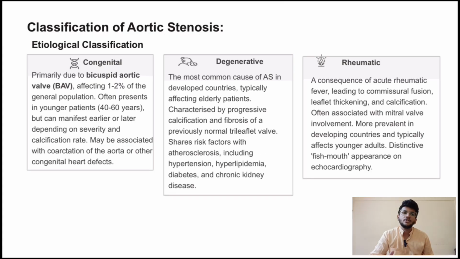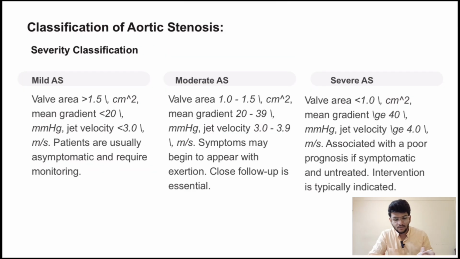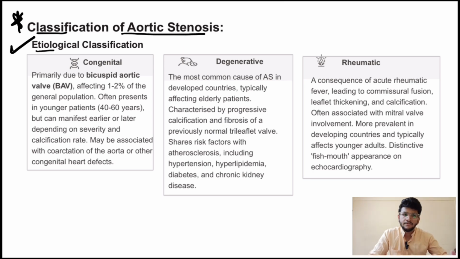Now the classification of aortic stenosis, where the aortic stenosis is classified on the basis of etiology and on the basis of severity. Now first we will see the etiological classification, where aortic stenosis is classified as congenital, degenerative and rheumatic aortic stenosis.